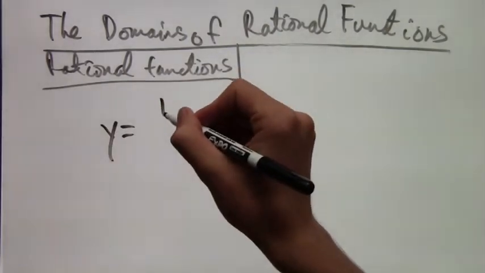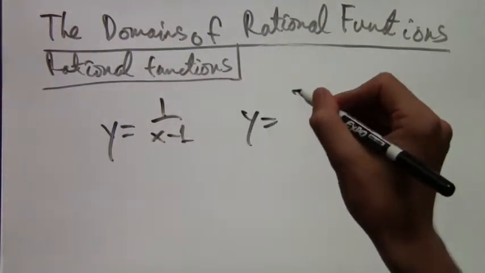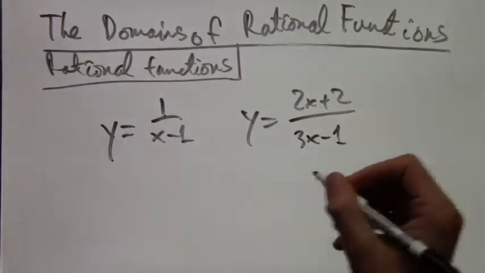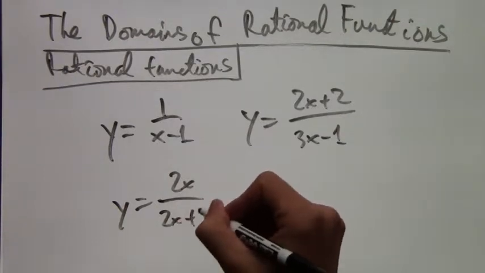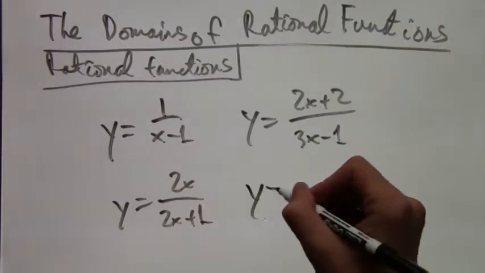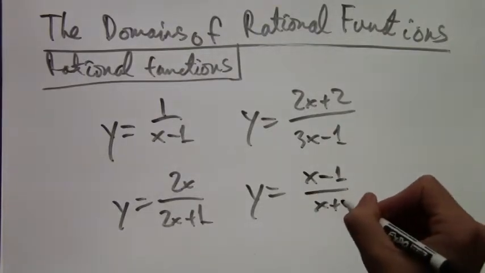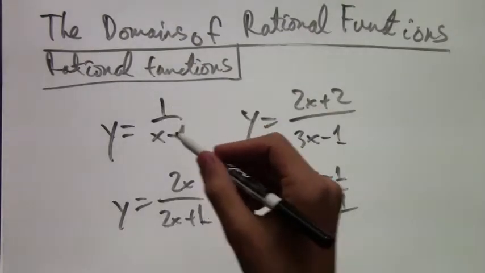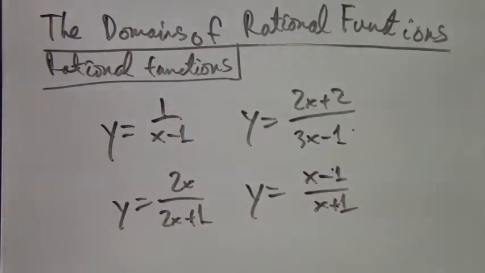So for example, you could have y equals 1 over x minus 1, or y equals 2x plus 2 over 3x minus 1, or y equals 2x over 2x plus 1, y equals x minus 1 over x plus 1. These are all called rational functions. They all have the same thing in common. They have a top divided by a bottom.